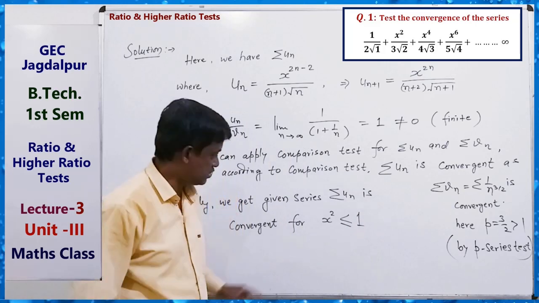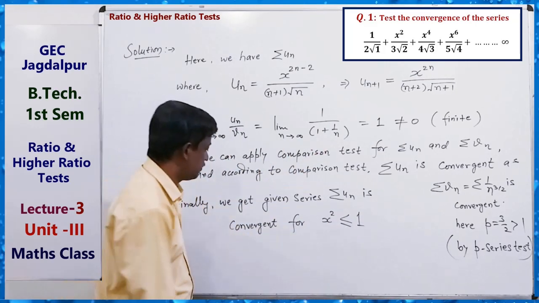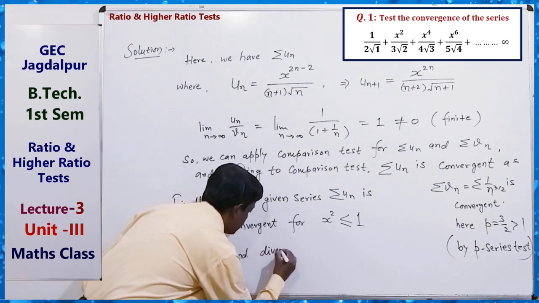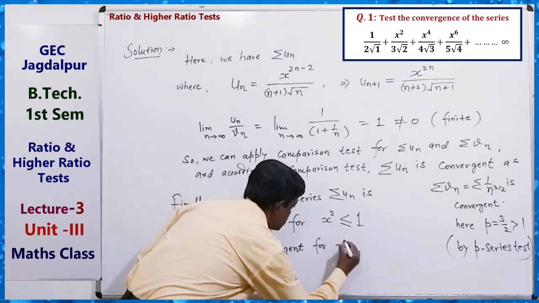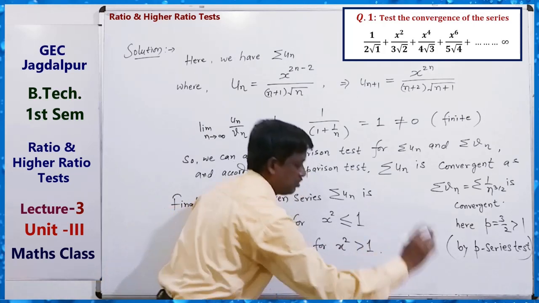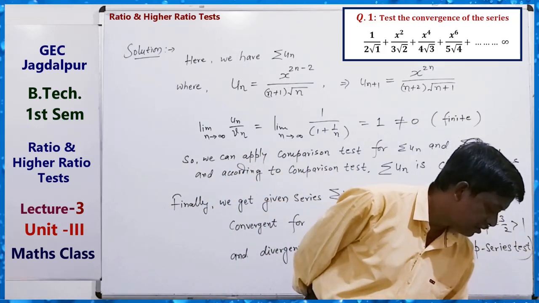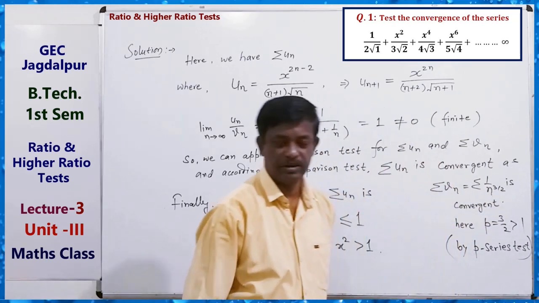Because for x square less than 1 it is convergent, and for equal to 1 it is also convergent, and divergent for x square greater than 1. Okay, divergent for x square greater than 1, convergent for x square less than or equal to 1.